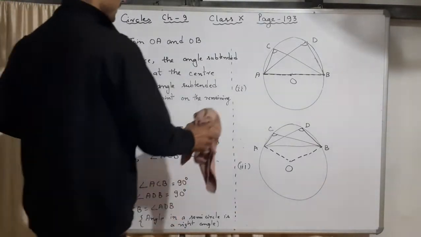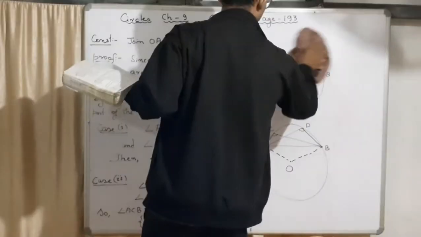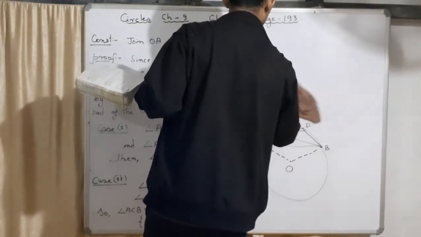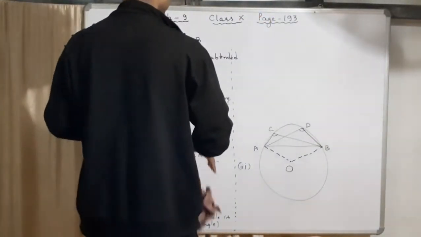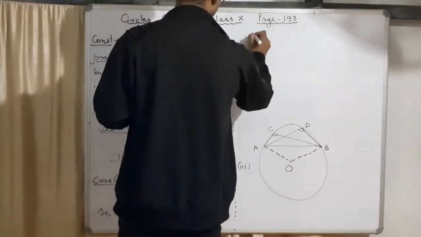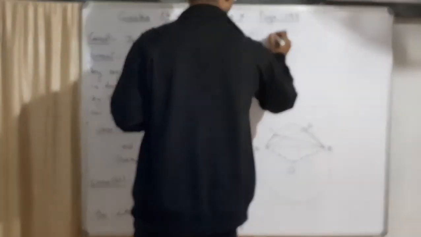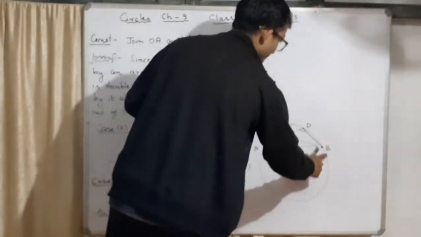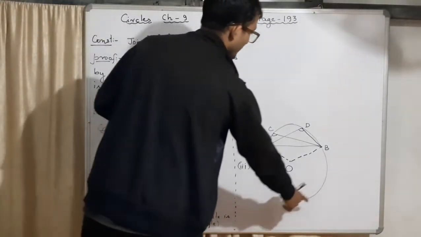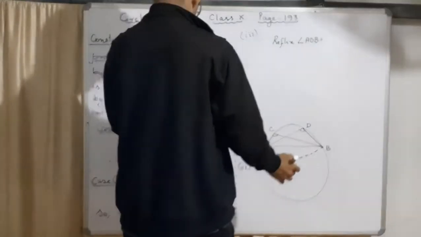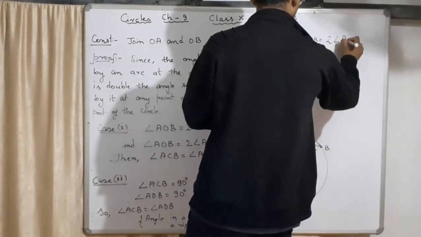Okay. Now the third case. Case number 3 is there. Here AB is there, but this AB is the major arc, the bigger one. If that happens, what will happen is here reflex angle AOB will be equal to 2 times angle ACB.